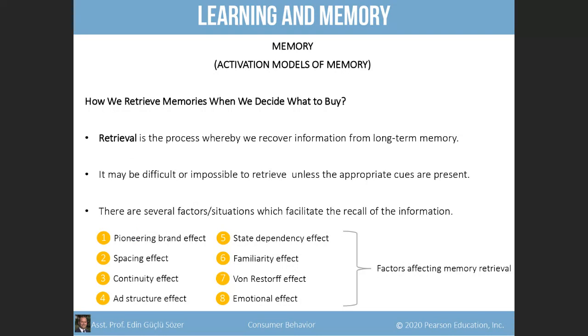Now, of course, when we record everything in our long-term memory and store it for future uses, sometimes there are instances where we need to retrieve this information. So we call back this information in order to benefit from it. For example, if we go to another shoe store, we need to remember the price of the shoe in the previous store, right?